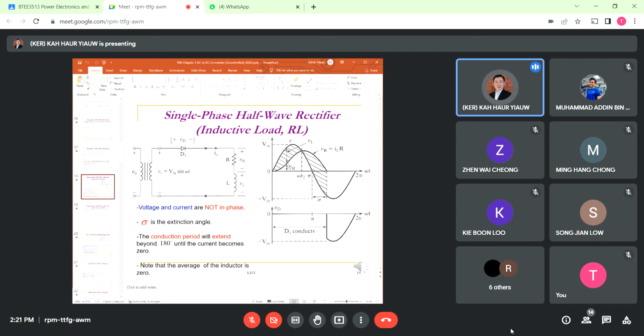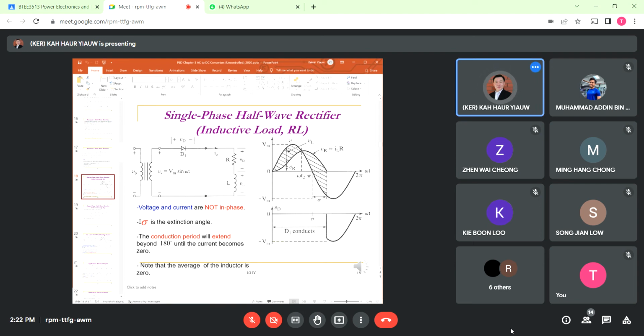Then the voltage will go down to the negative part until the inductor has finished discharging, and only then does it go back to zero. So this is the effect of the inductor, and hence you create the angle called the extinction angle. The extinction angle is somewhere in between pi and 2 pi. This extinction angle is called sigma.